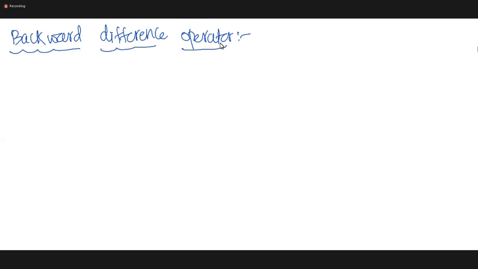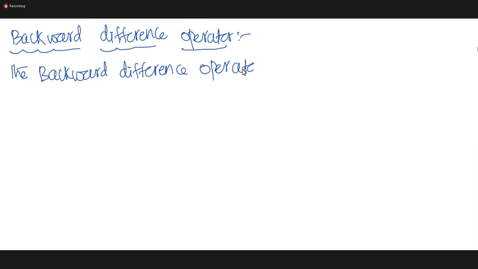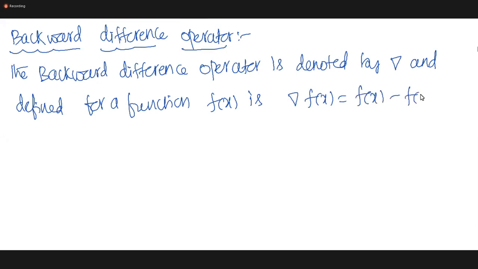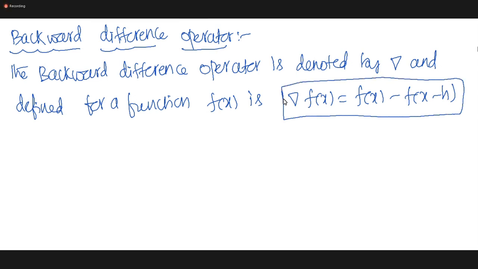The backward difference operator is denoted by del and defined for a function f of x as del f of x is equal to f of x minus f of x minus h.